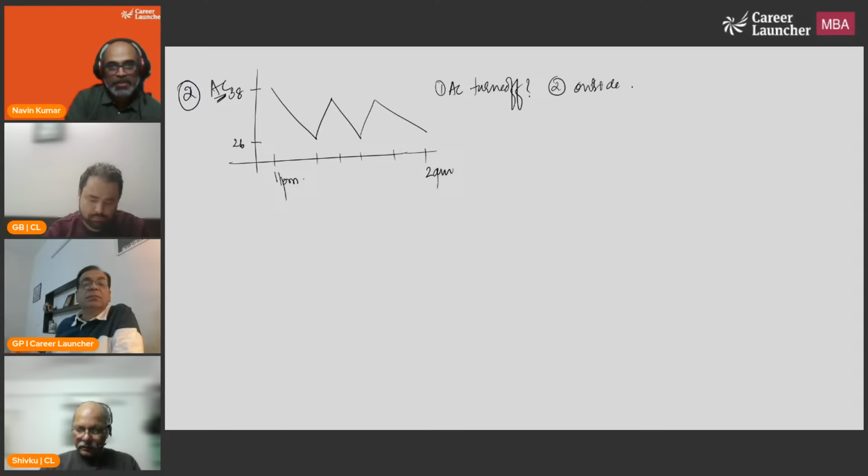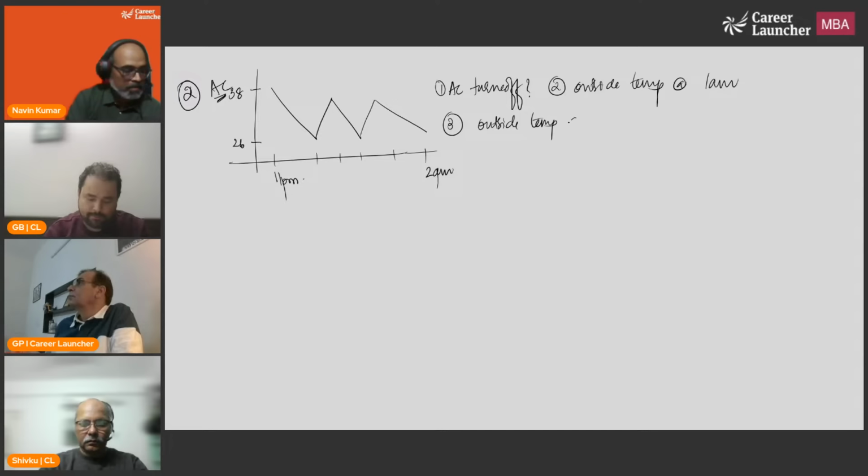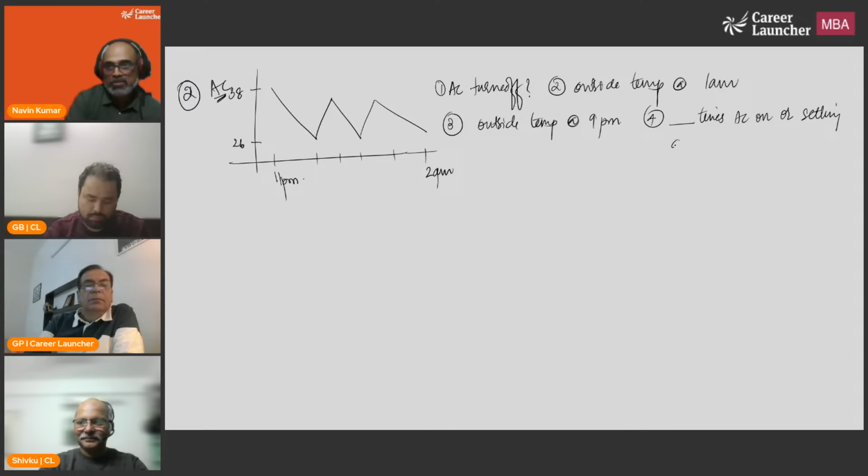हाँ, outside temperature at 1 a.m. One question was outside temperature at 9 p.m. And there was one question was how many times AC was on or setting was altered.